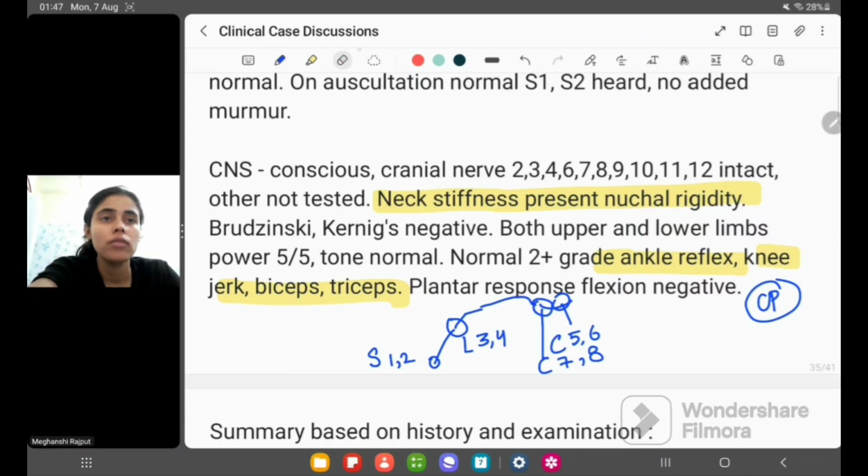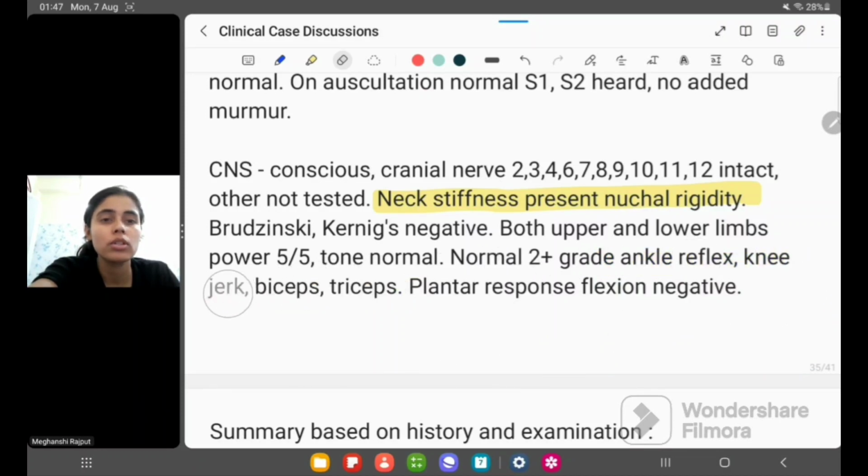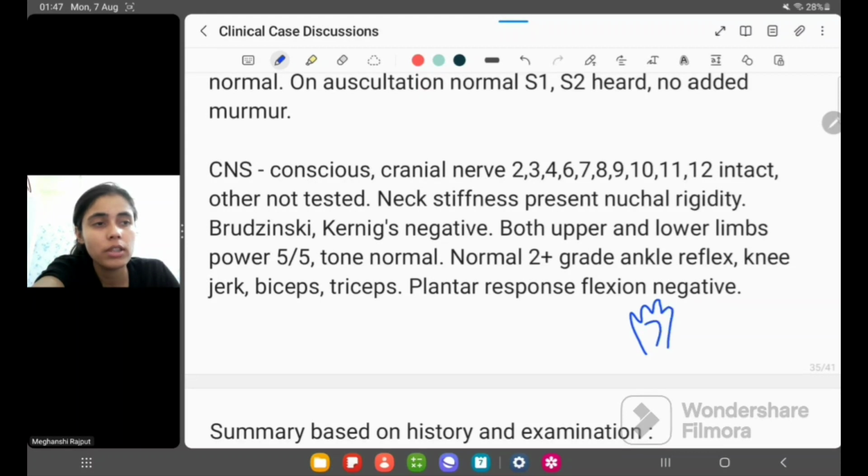Then we move on to the plantar response. We don't say Babinski sign negative or positive if we check for plantar response. We use the word plantar response. If it is withdrawal or extensor, or it is dorsiflexion, then yes, the Babinski sign is positive. But the plantar response is what we check. For the plantar response, we take the sole of the child and pass a sharp key or an object.